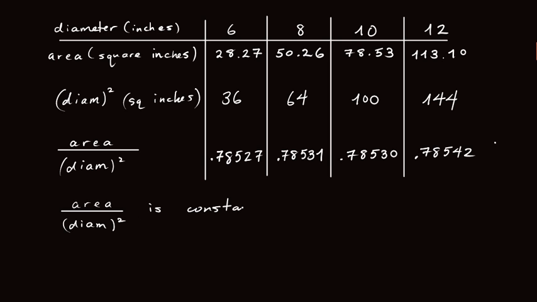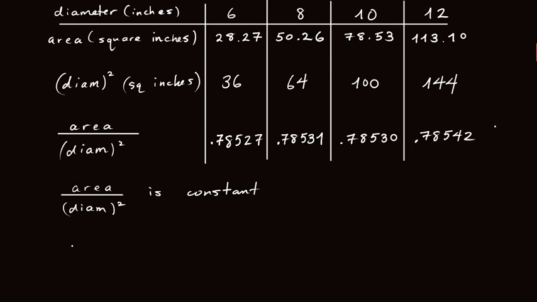I maybe made a small error in my measurements, but it looks like these numbers are almost the same. It's constant. And in this case, we say that area is proportional to the square of the diameter.